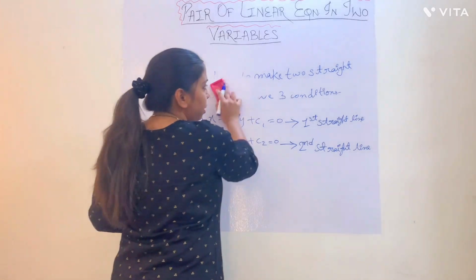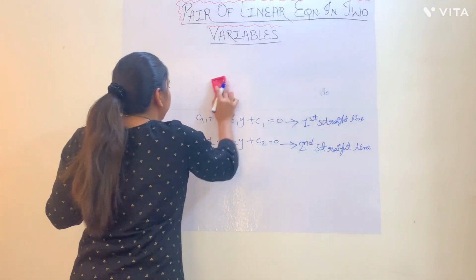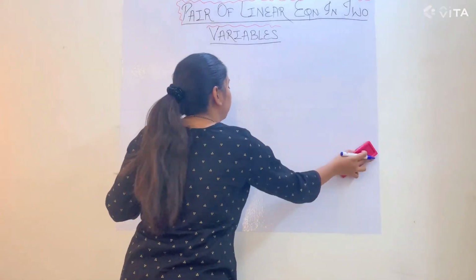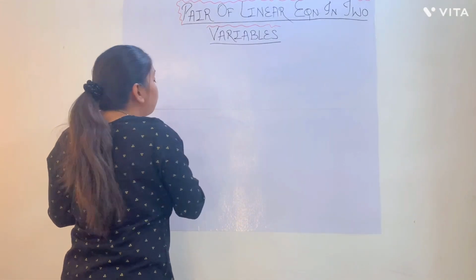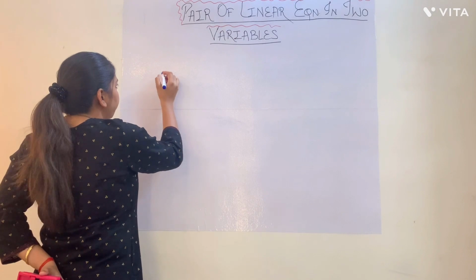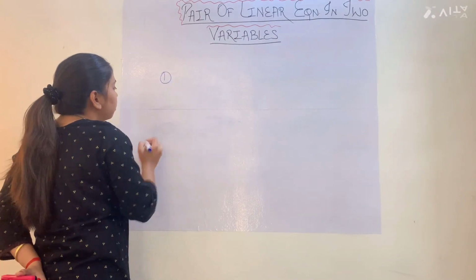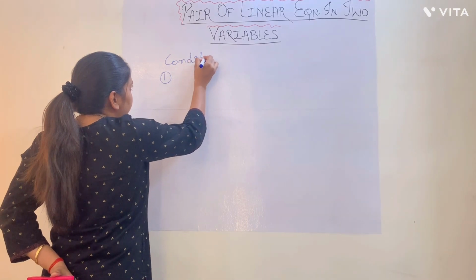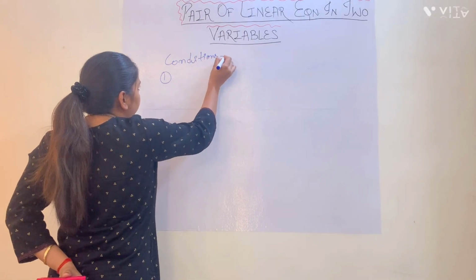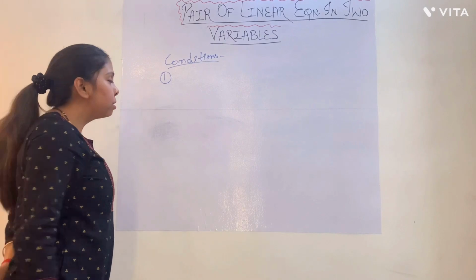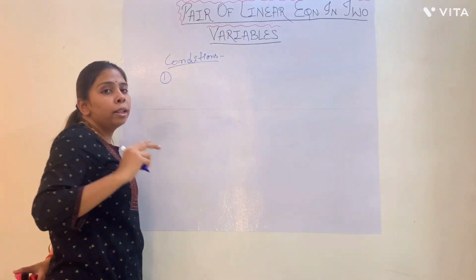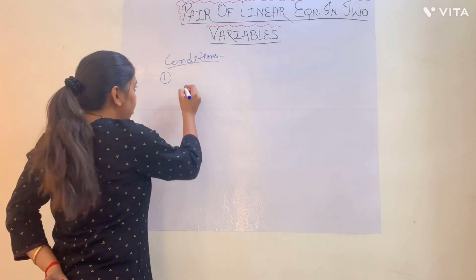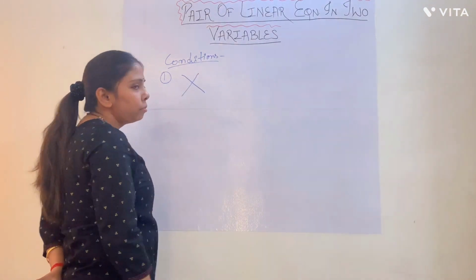Let's see the three conditions of a pair of linear equations in two variables. The first condition is that both lines intersect each other at one point, like this.